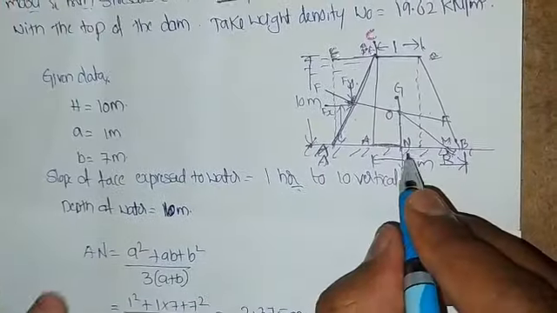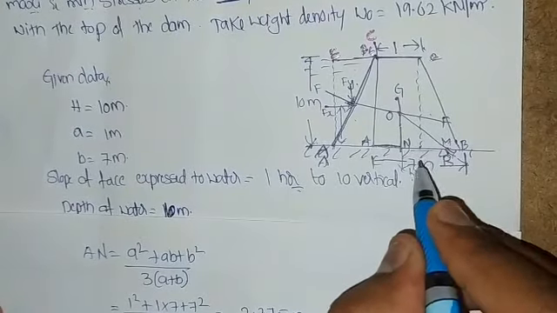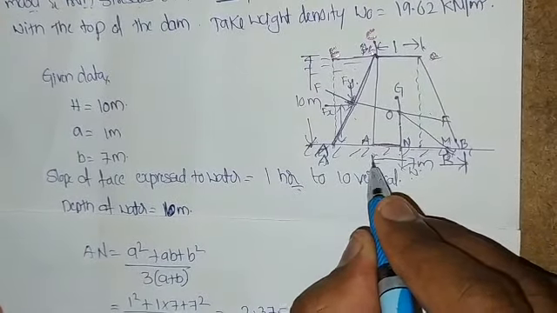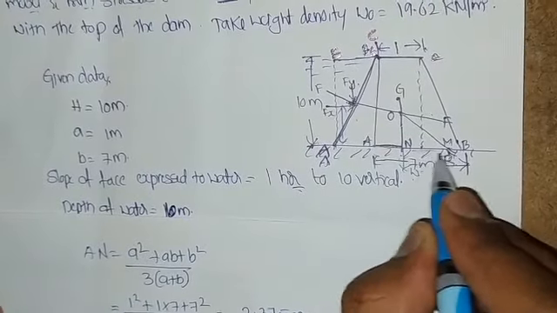So NM is this distance. This NM can be written as AM minus AN. By substituting AM minus AN we can get the required value of NM.